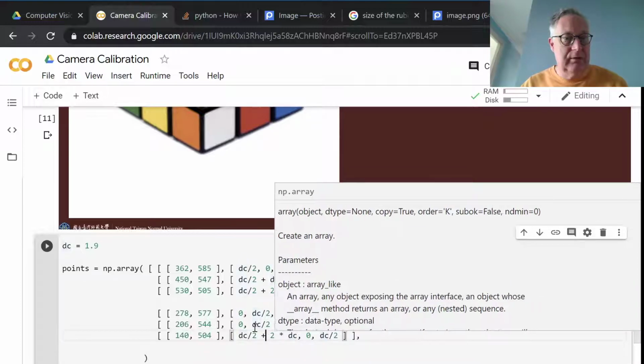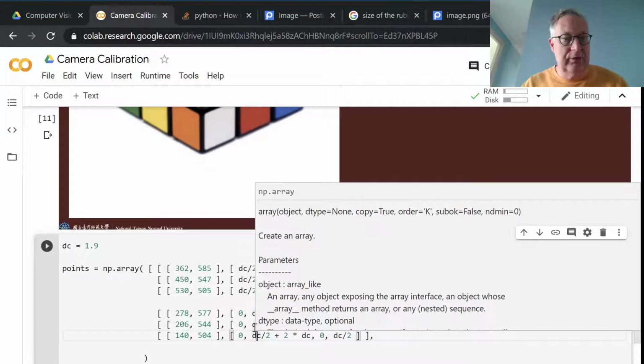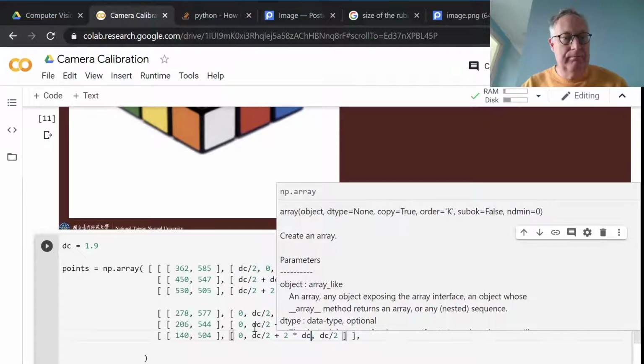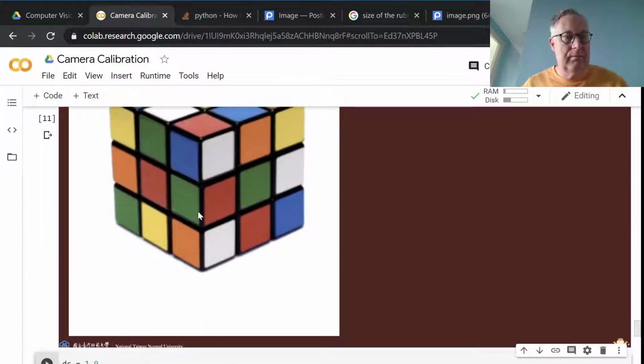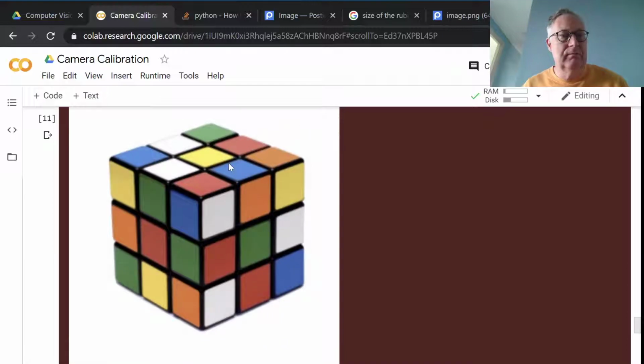I can just flip those, because on this plane of the cube the x coordinate was going to be 0 for all of them. Here, y coordinate is going to be 0, and here the z coordinate is going to be 3 times dc, 5.7. Right? Because this plane here is 5.7 centimeters above the z plane.